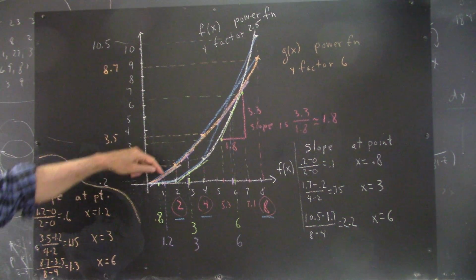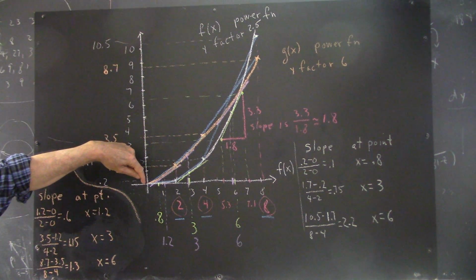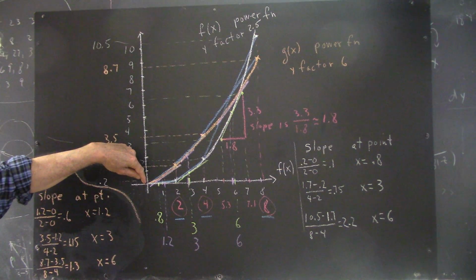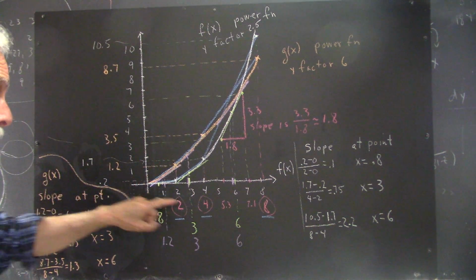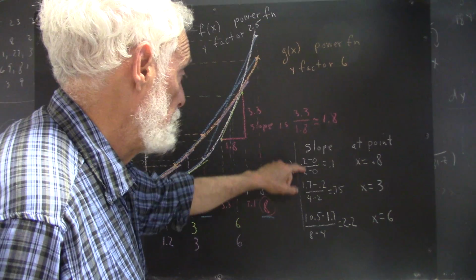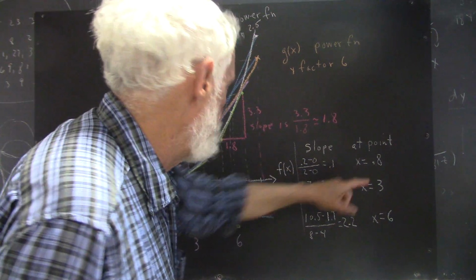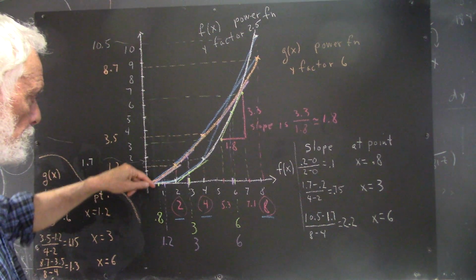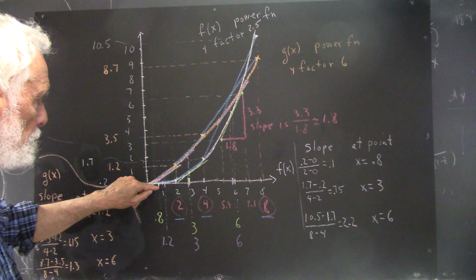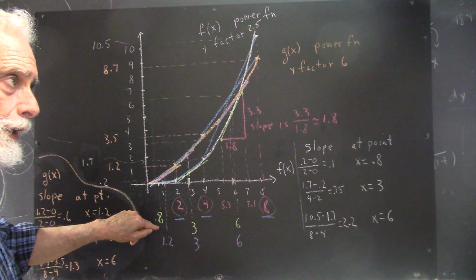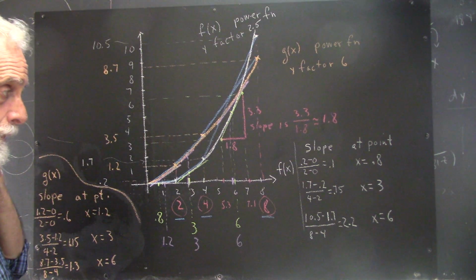That's the 0.2 y-coordinate of this point minus 0 y-coordinate of this point, over 2 minus 0 in the denominator. That's rise divided by run, and we get 0.1. And we estimate that that tangent line occurs at this point here, which is where x equals, I estimate, 0.8.